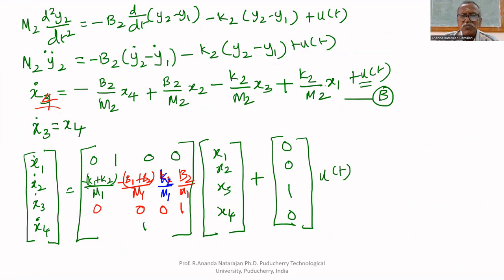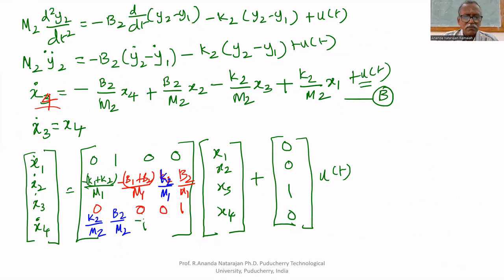What is the coefficient of x1? K2 by m2. What is the coefficient of x2? b2 by m2. What is the coefficient of x3?